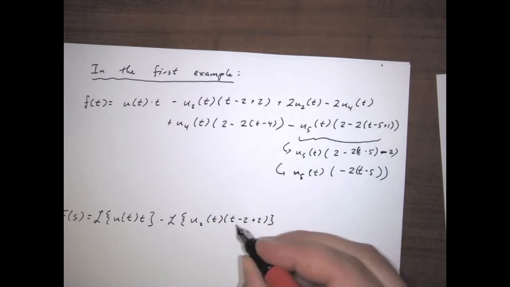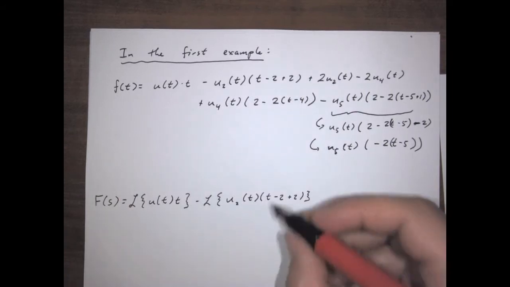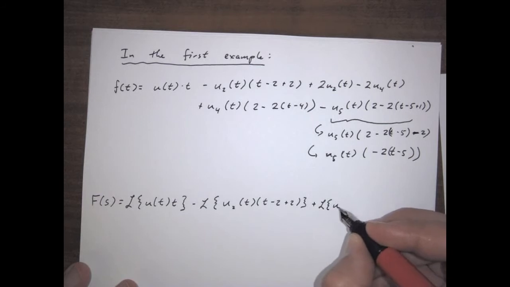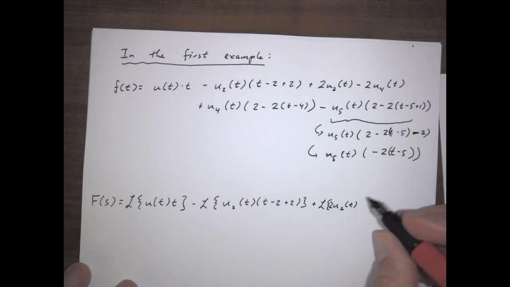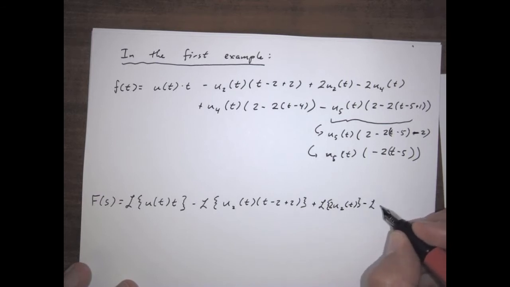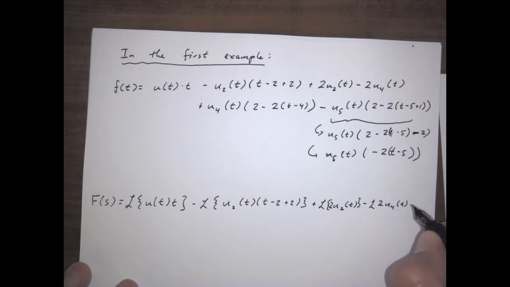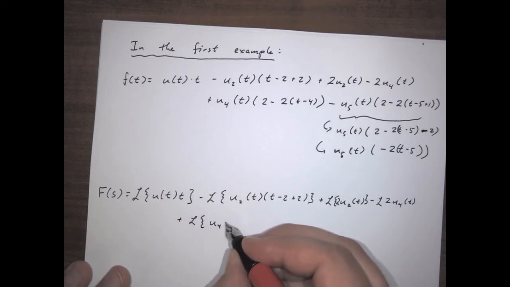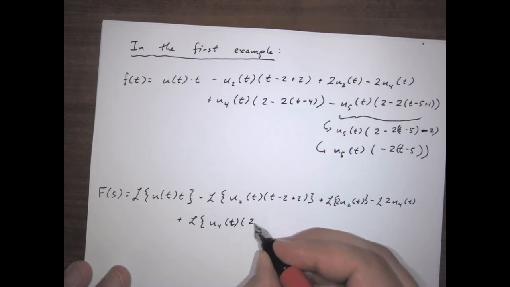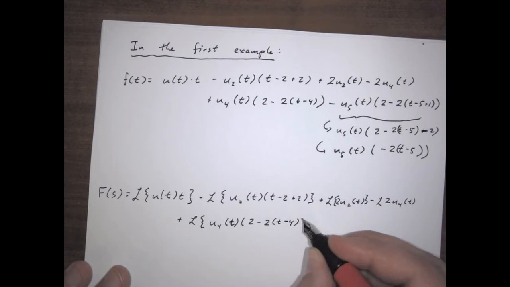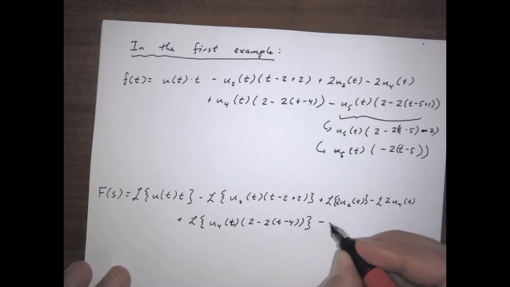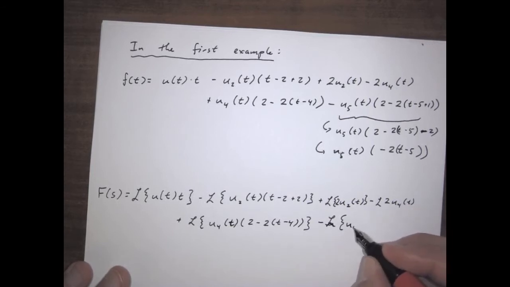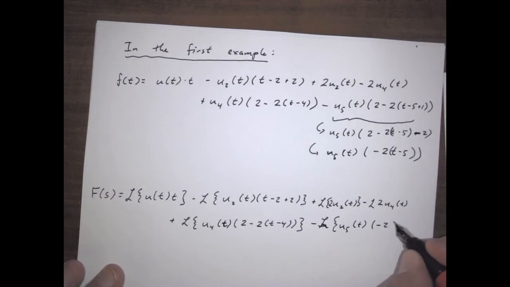Again, we always need this part to only include a mention of t minus 2, never a naked t, plus the Laplace transform of 2u2 of t, minus the Laplace transform of 2u4 of t, plus the Laplace transform of u4 of t times 2 minus 2 times t minus 4, minus the Laplace transform of u5 of t times minus 2 times t minus 5.